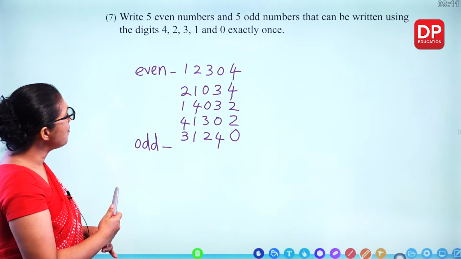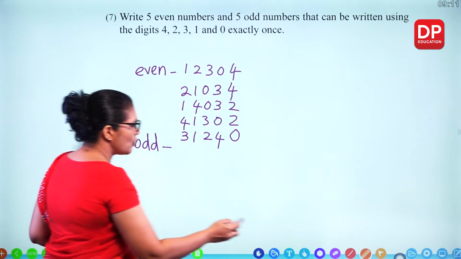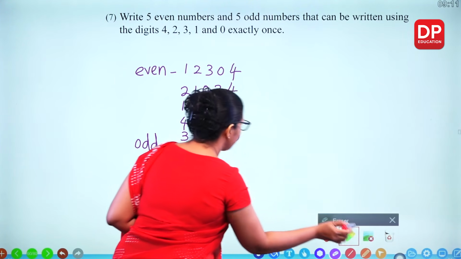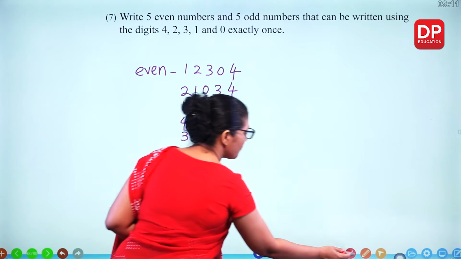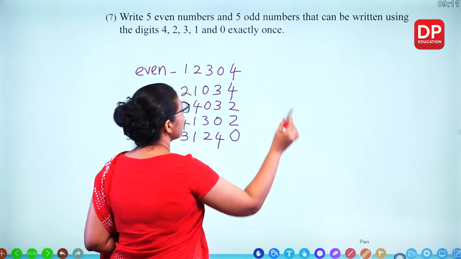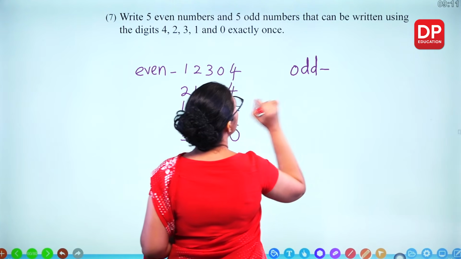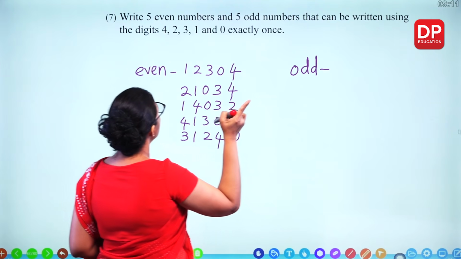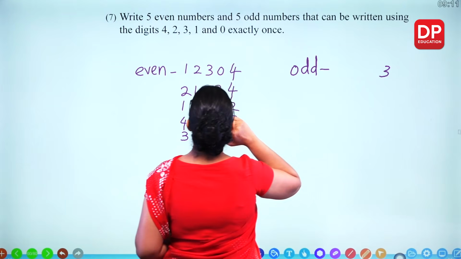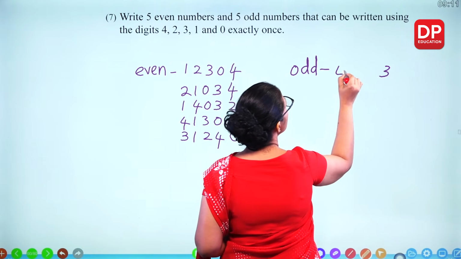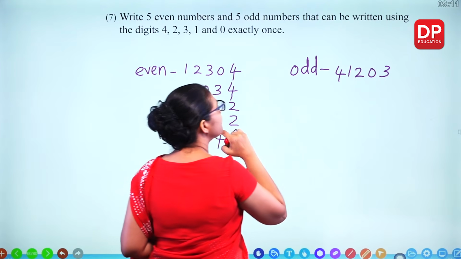Then odd numbers. What are the odd numbers I can write? The last digit can be 3. So I can change 4, 1, 2, 0.